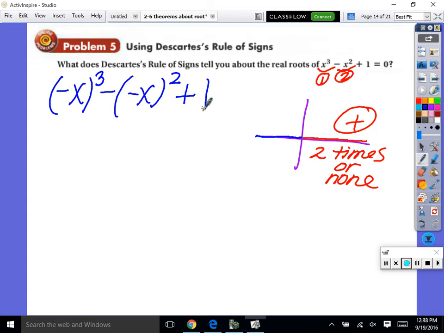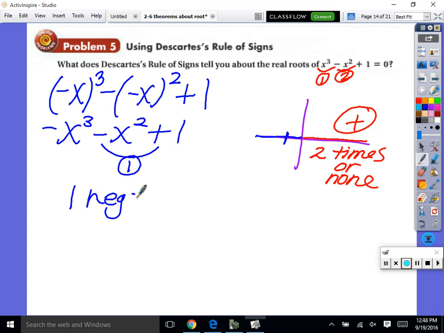Negative 1 cubed is negative 1, so negative x cubed. Careful here. Ignore this negative sign. Isn't negative 1 squared positive 1? So we're going to have minus x squared, correct? Then plus 1. How many times did it change signs? Negative to negative, that's not a change. Negative to positive, it changed once. So guys, we do have 1 negative real root.